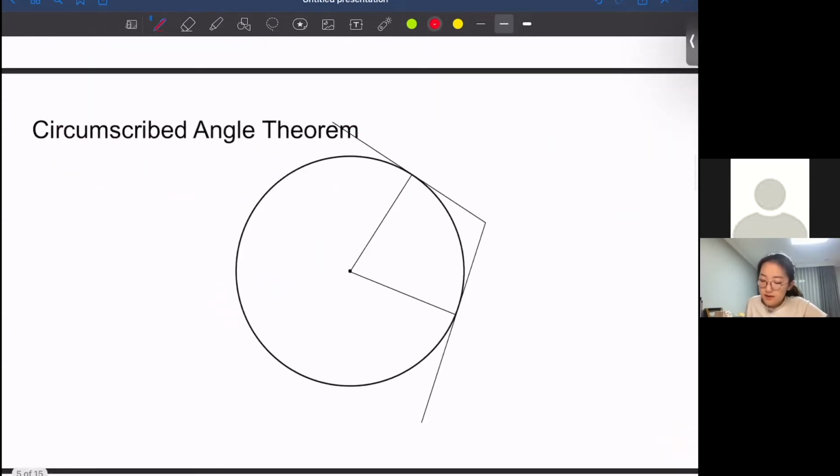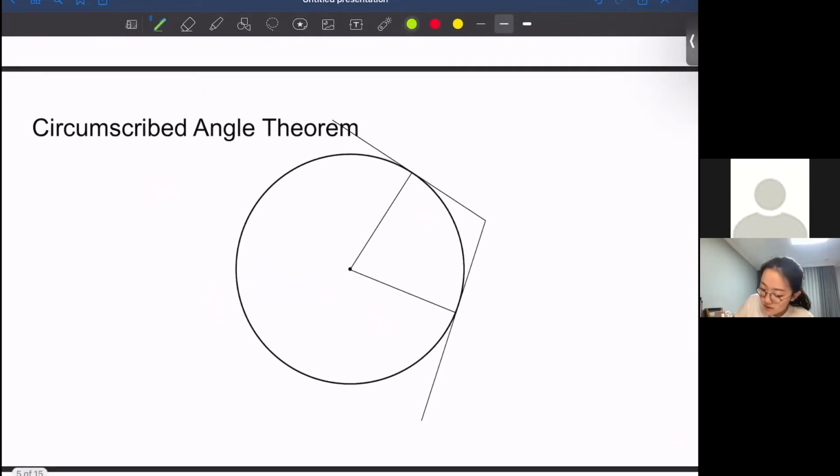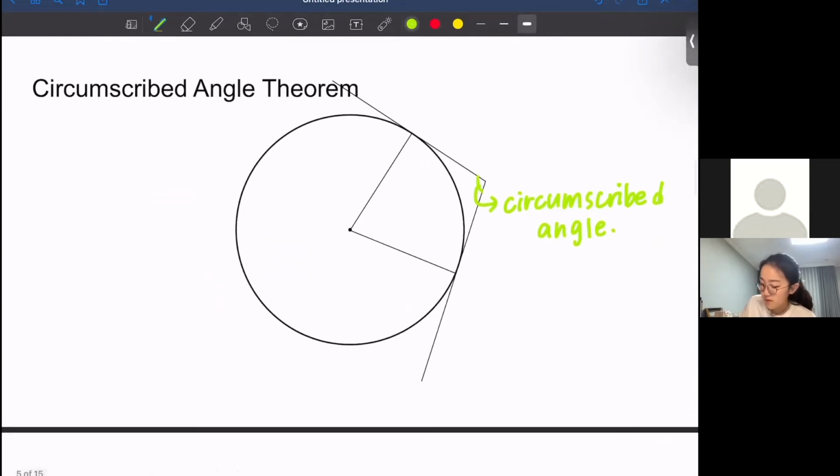And the next theorem is the circumscribed angle theorem. So this is a circumscribed angle. It's an angle created by two tangents.